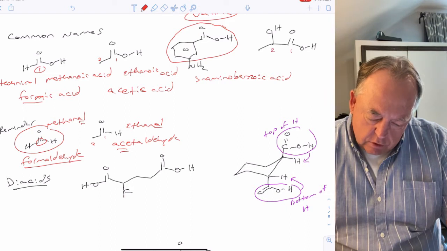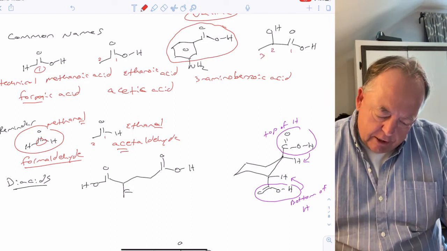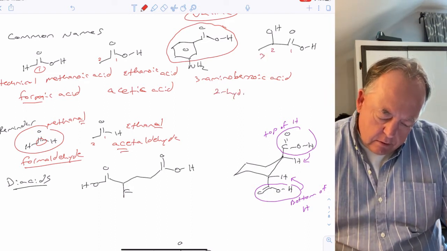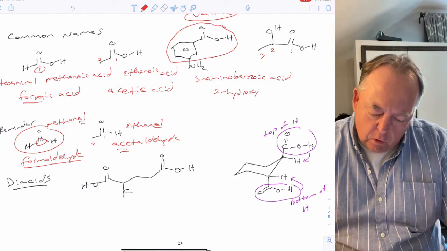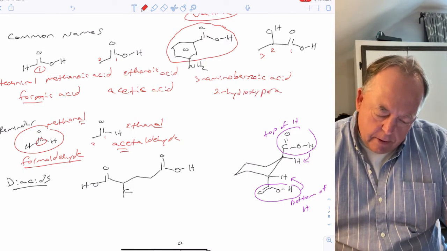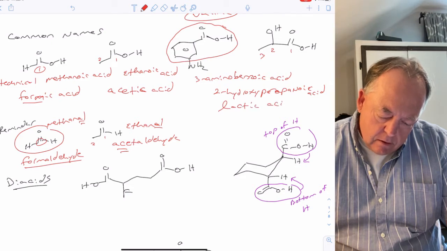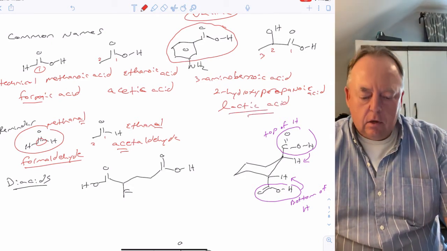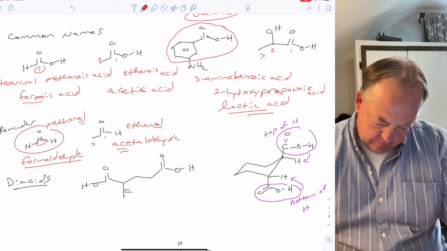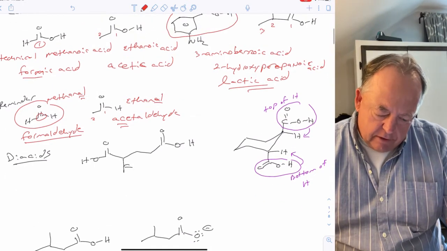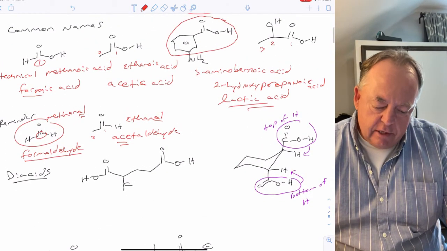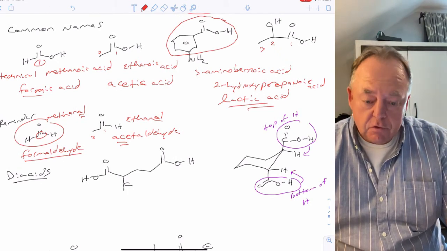Okay, so this next one, a 3 carbon chain, so this would be 2-hydroxy. 3 carbons is propane, so that would be propanoic acid, but this one has a common name as well. That carboxylic acid is called lactic acid. That is something that, if you're exercising strenuously, can build up in your muscles and cause muscle soreness.